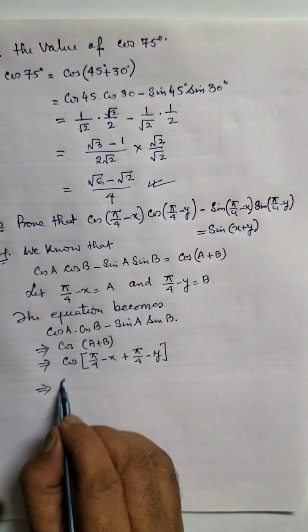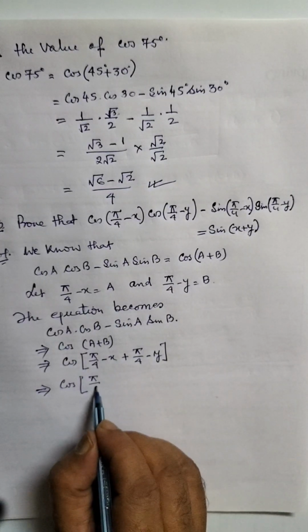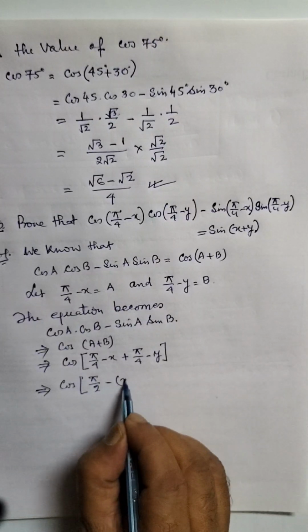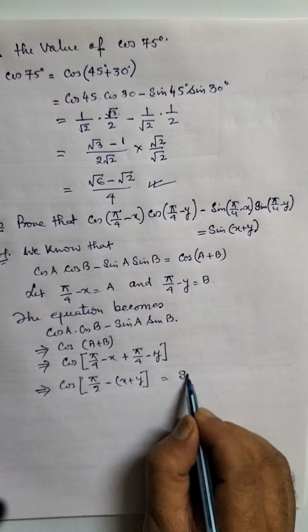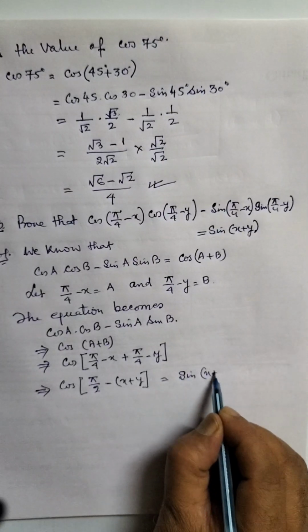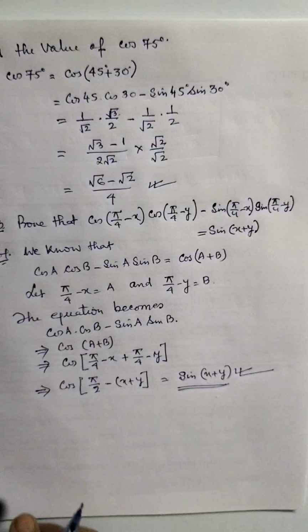This is cos of pi by 2 minus of x plus y, which is nothing but sin of x plus y, is our answer.